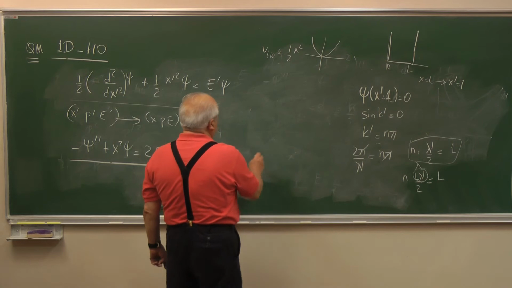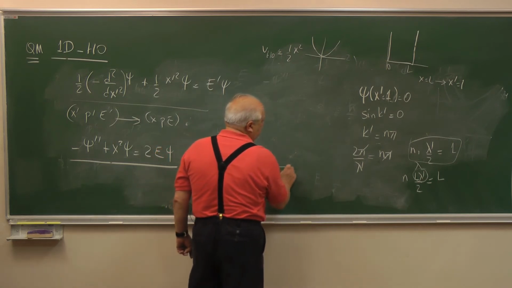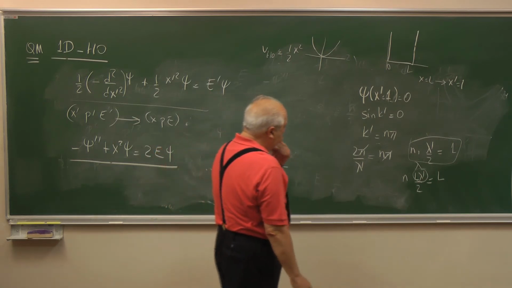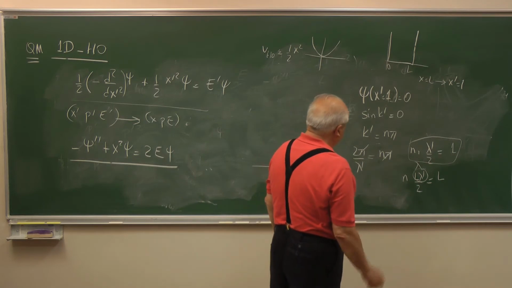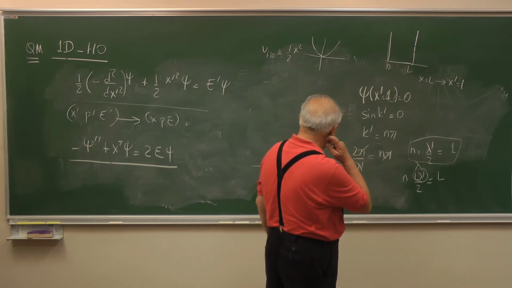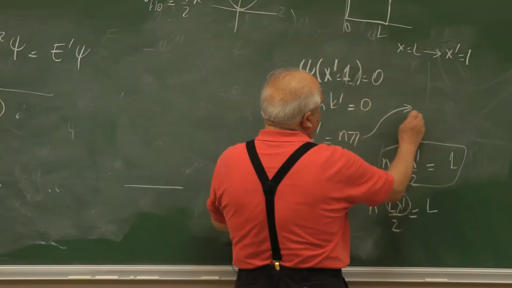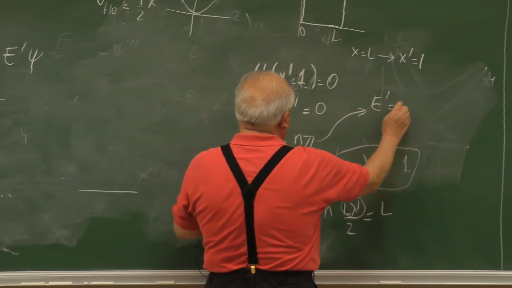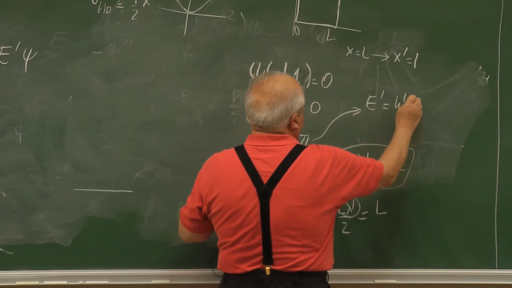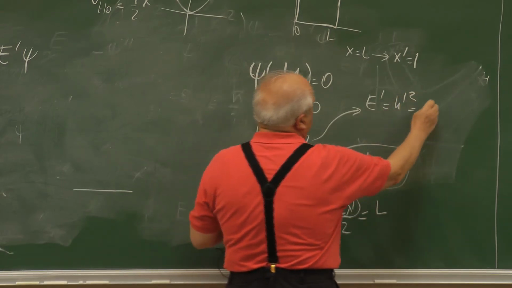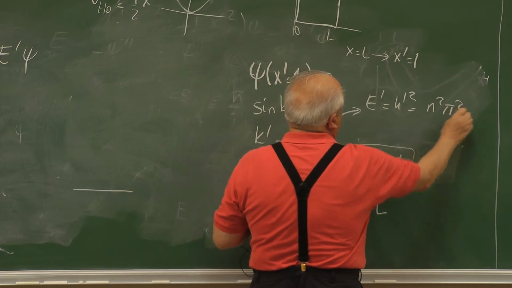And so the ground state, by the way, we already got the energy because E prime was k prime squared. So we obtain this thing as n squared pi squared.